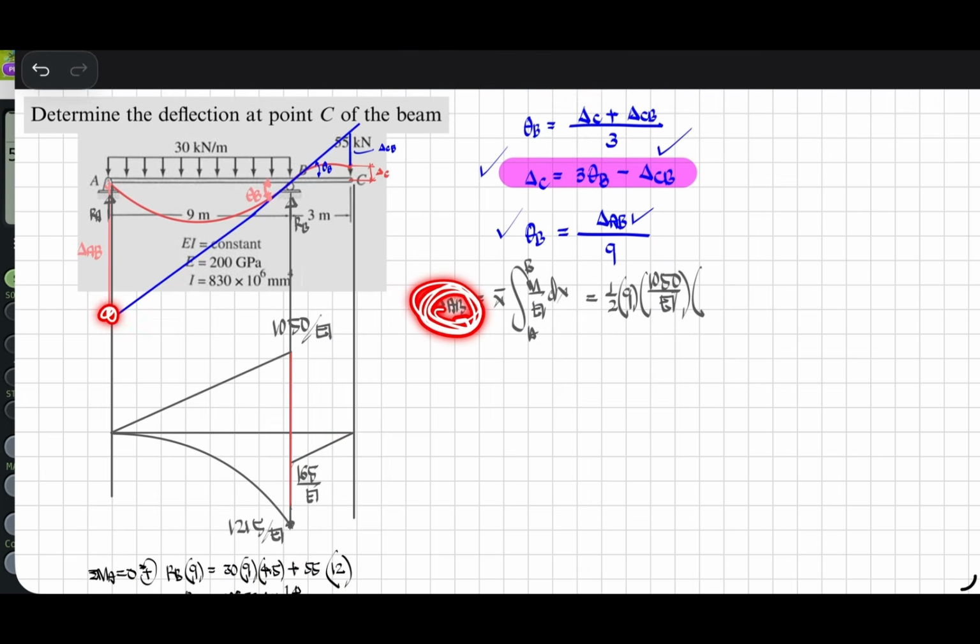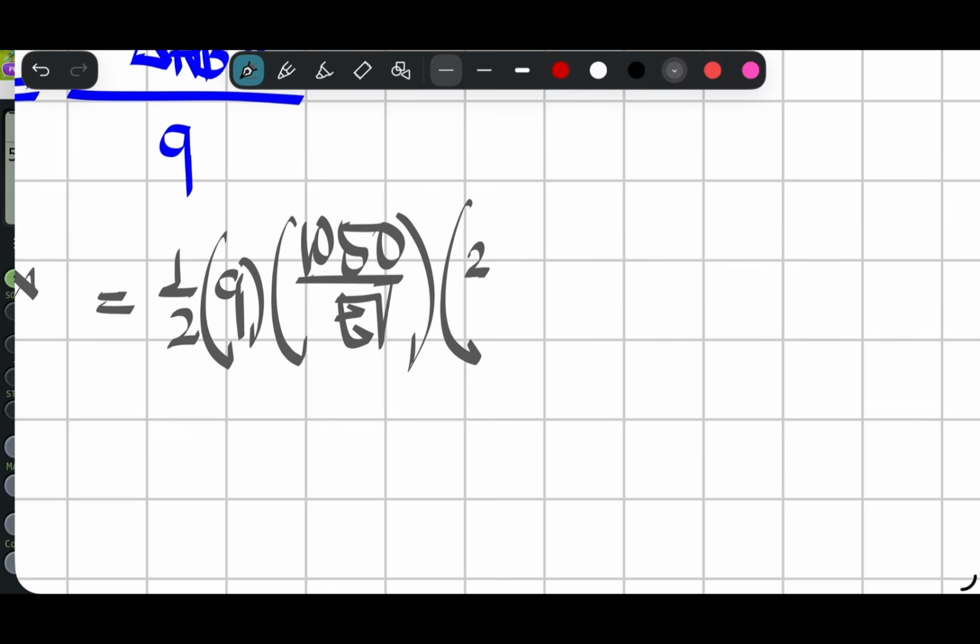So A on the elastic curve, and then the tangent line at B. Here at A, we measure the moment arm, or perpendicular distance, which is equal to 2/3 of 9.